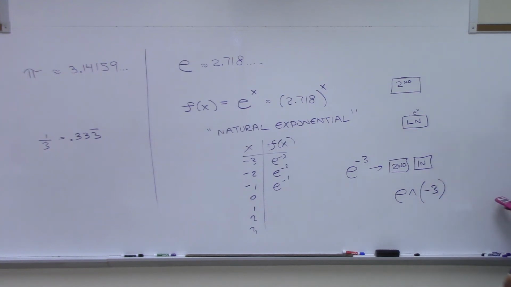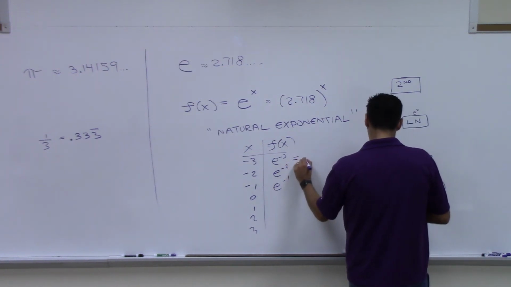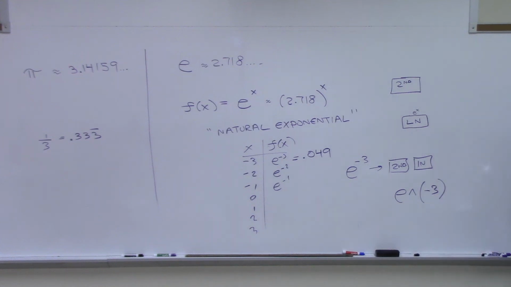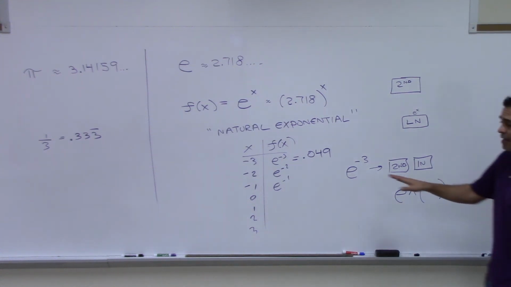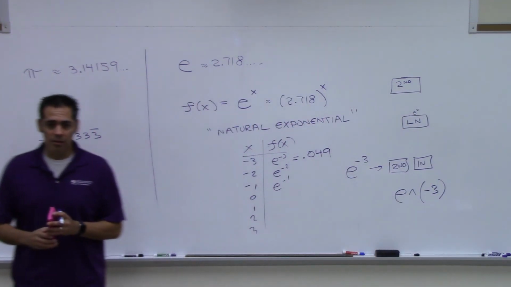Close the parenthesis and hit enter. And you should get 0.049. If you have your calculator, try it. Make sure that you can get this. And if you can't, let me know right now so I can help you figure out the keystrokes.